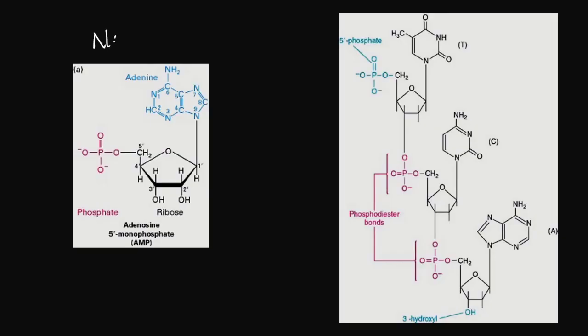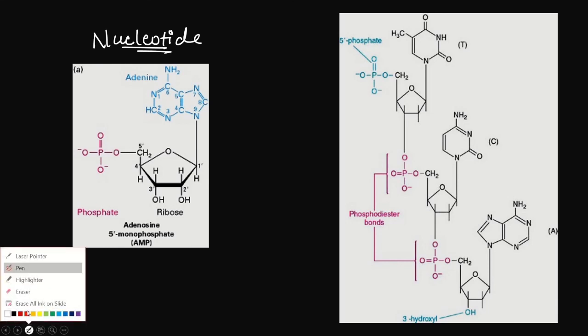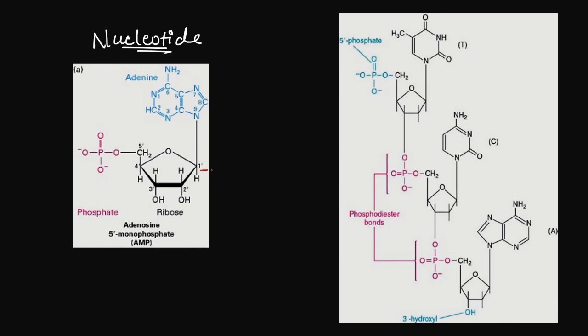This is our single nucleotide unit. First carbon with nitrogenous base, fifth carbon with phosphate group, second carbon has hydroxyl group, means it's a ribose sugar. And now we will learn about the third carbon, how it is helping in the formation of phosphodiester bond and how it helps in connecting one nucleotide to another nucleotide.